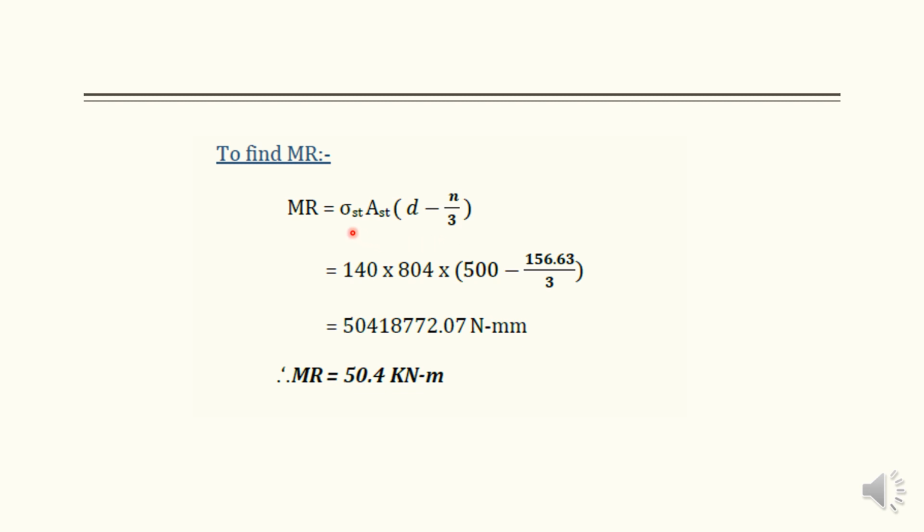As we know all the values, sigma st is 140, Ast we determined is 804, d is 500 minus the depth of neutral axis 156.63 divided by 3, we get a value of 50.4 kilonewton meter. So this is the moment of resistance for the given singly reinforced section. Thank you.